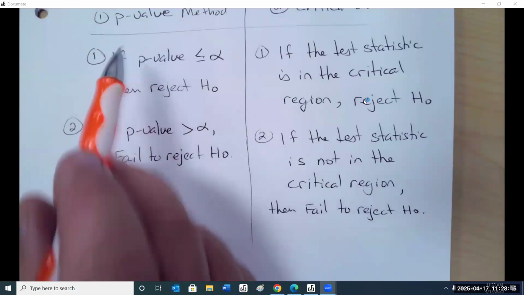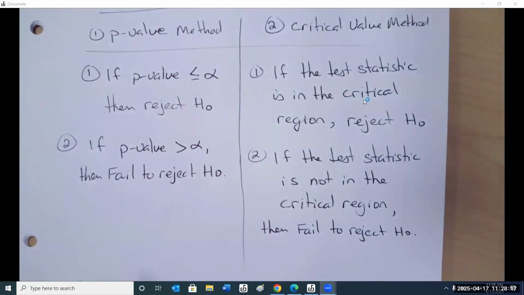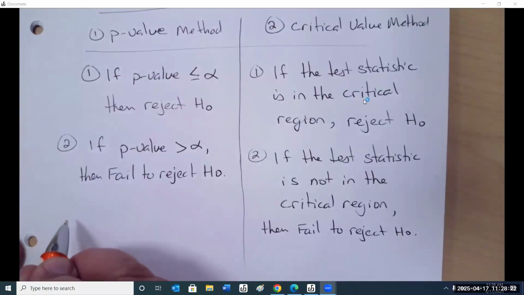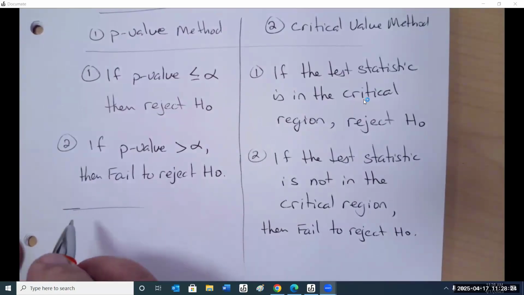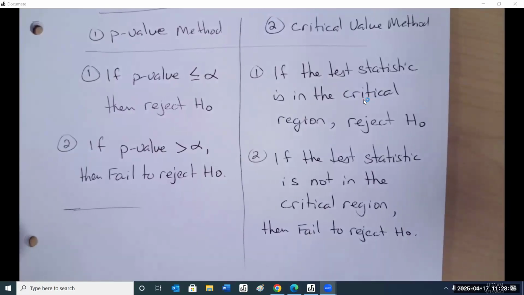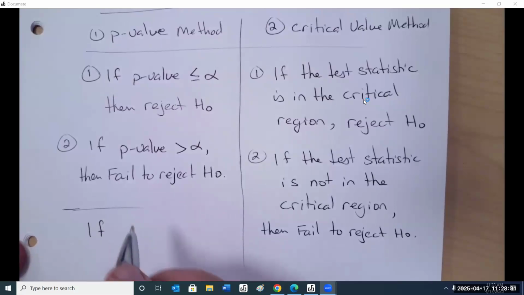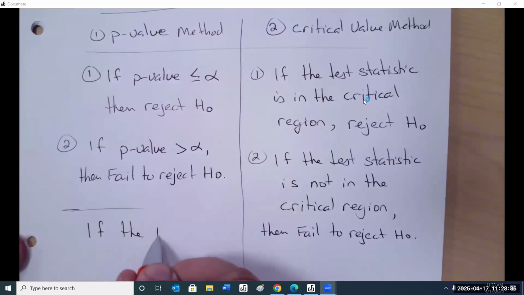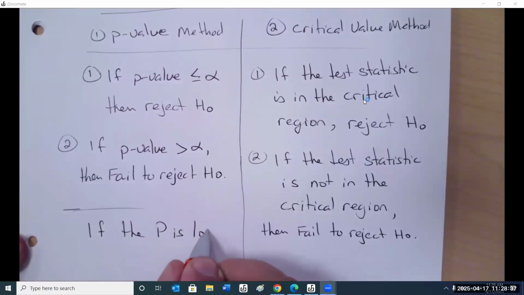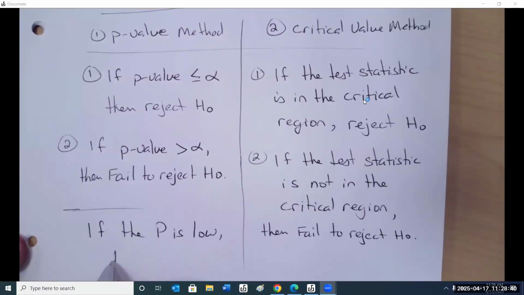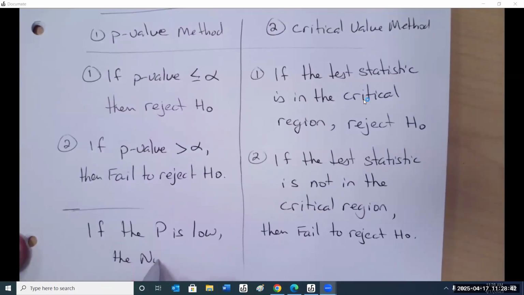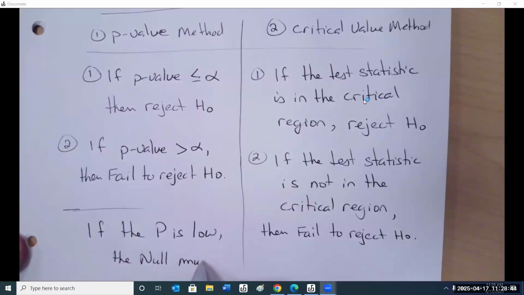Now, for the p-value method, there's a little saying that is commonly used by statistics people. This is how you can remember it. If the p is low, the null must go.